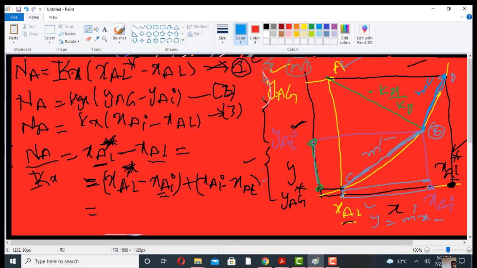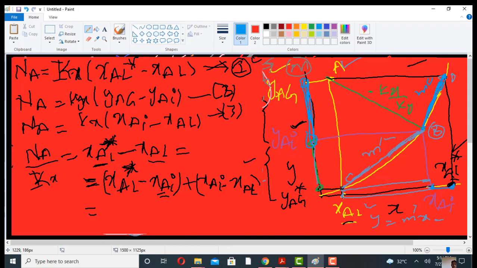So again this is the slope of this line which combines point D and point B. So again the y-axis is YAG minus YAI. This is the y-axis, YAG minus YAI. The x-axis is XAL star minus XAI, and the slope is m double dash.